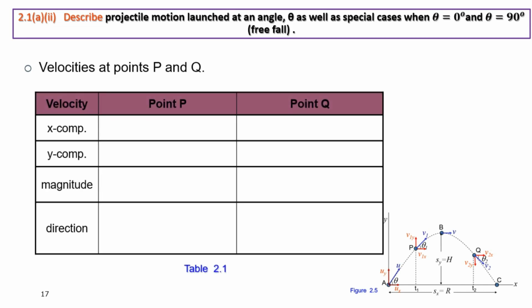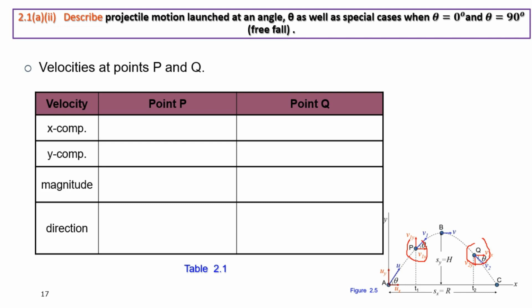So, these are the equations of velocity at point P and at point Q. We have the x components ux, v1x, v2x, and the y components uy, v1y, and v2y.